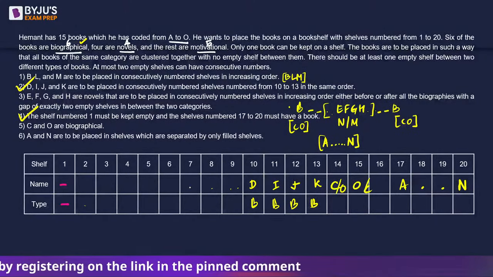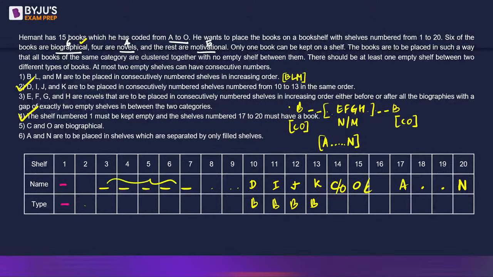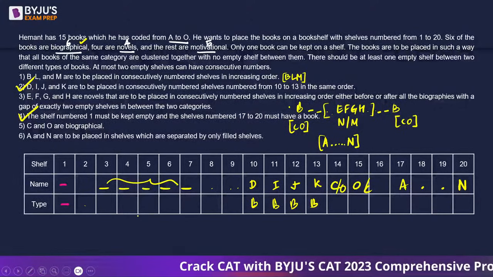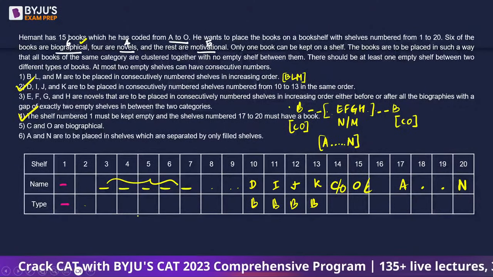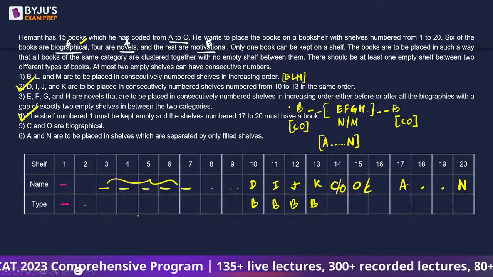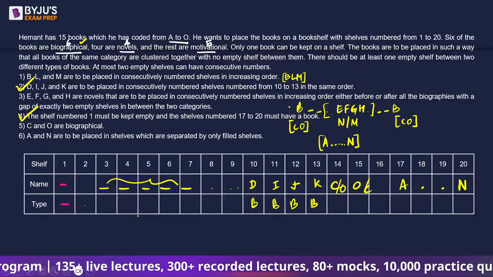We can have a gap of 2, and then we can have 1, 2, 3, 4, 5, and we can put in E, F, G, H here, which can be in any order. So that E, F, G, H are going to be 5 books which are motivational ones. A to N, those are novels. And BLM has to be placed. Now the thing is there will be no space left for BLM. So this case is not going to be possible. Right? So we are going to have cases here.